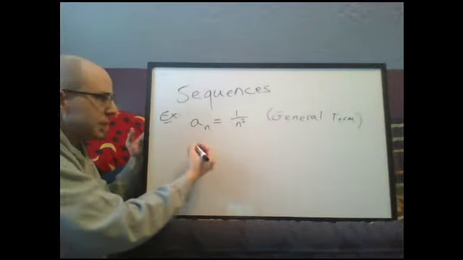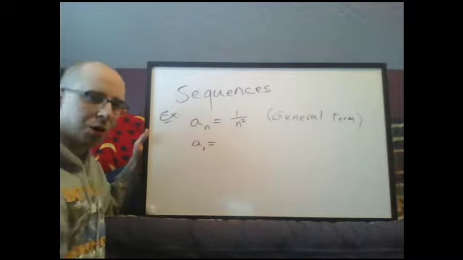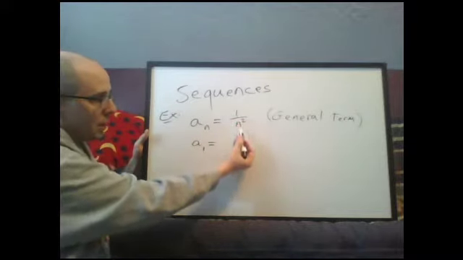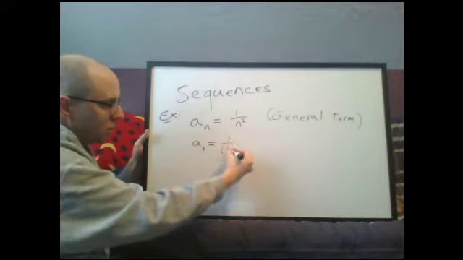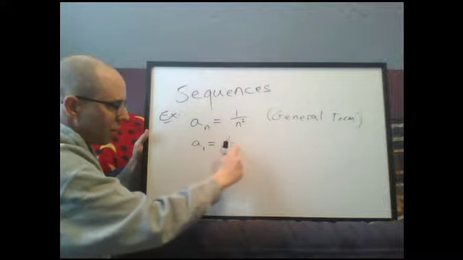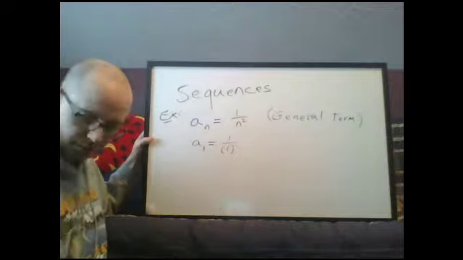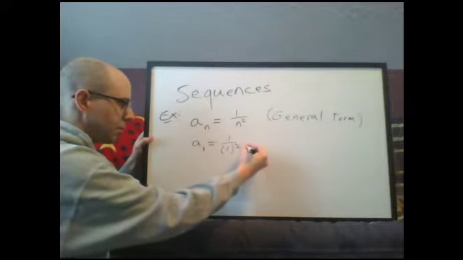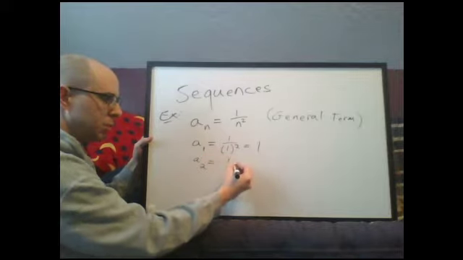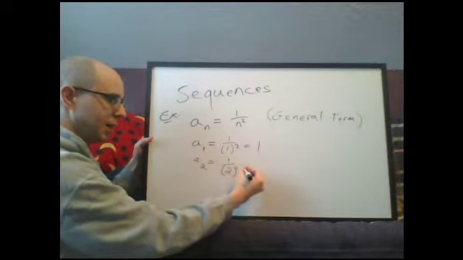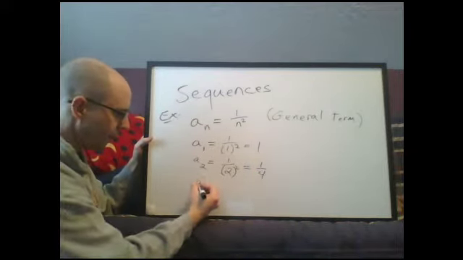But if we start to list out terms of the sequence, a sub 1 would be the number you get by plugging in the subscript 1 in place of n here. So 1 over 1 squared, that should be 1. A2 would be 1 over 2 squared, which is 1 over 4, and so on.